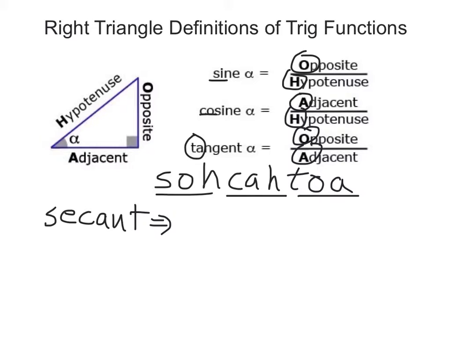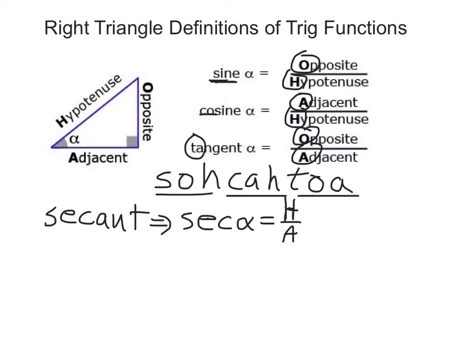Of course, with this graphic, they don't write the shortcut notation. Sine is sin, cosine cos, tangent tan. Secant is sec. Secant is defined as the hypotenuse over the adjacent.